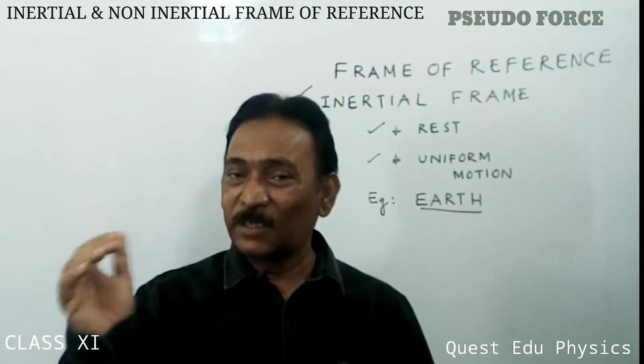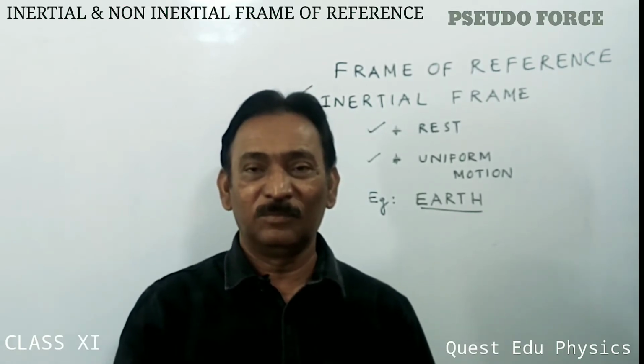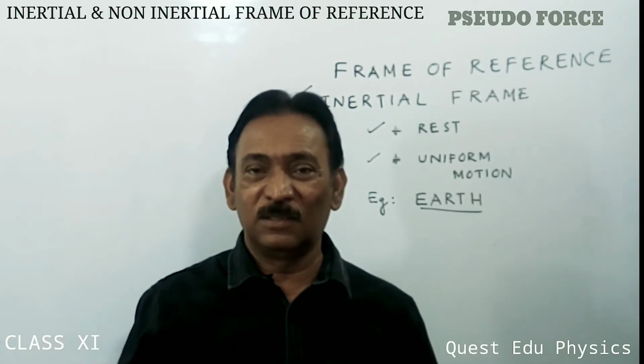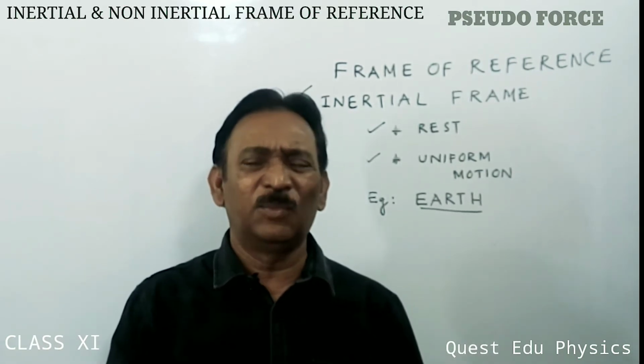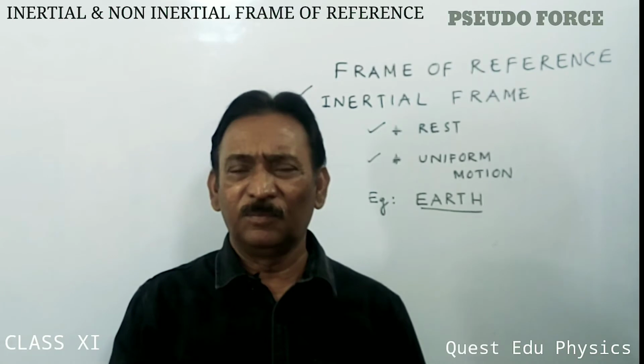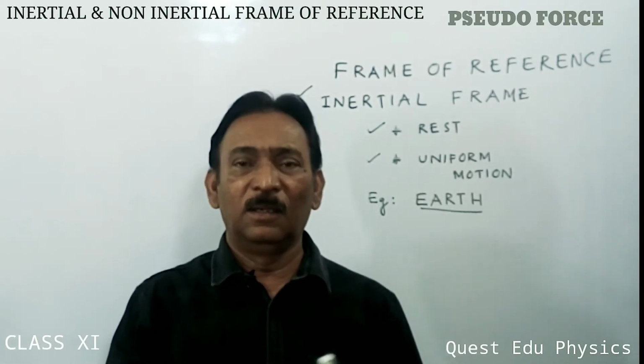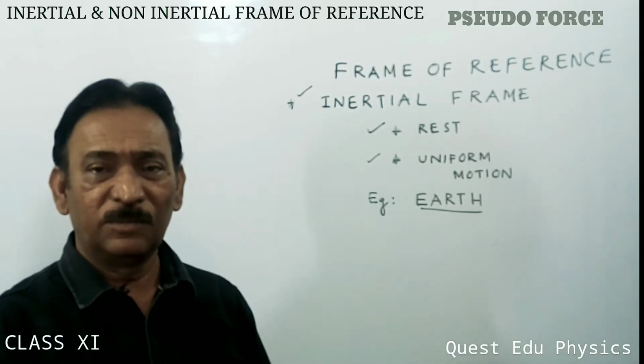That's why we neglect the value of acceleration. When you compare the size of the earth with us, it is negligible. That's why we consider earth as an inertial frame of reference.